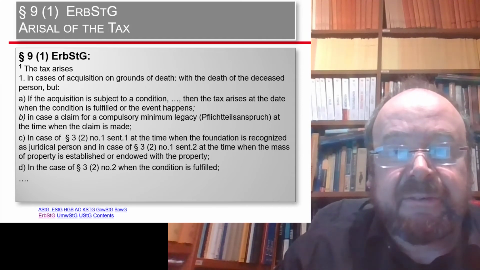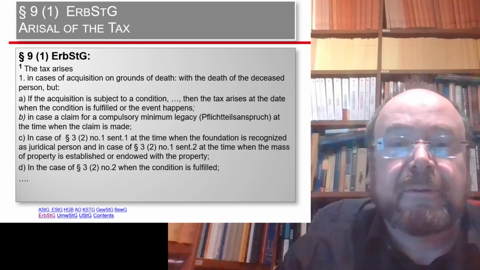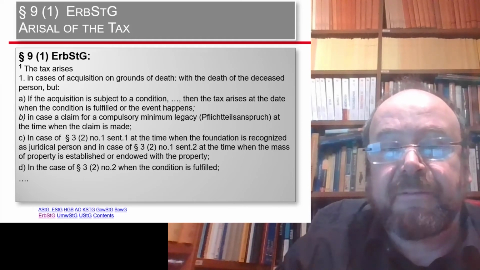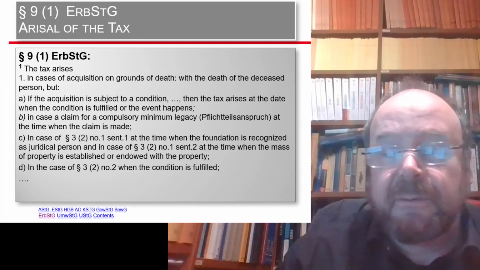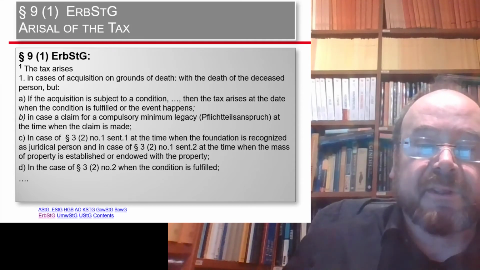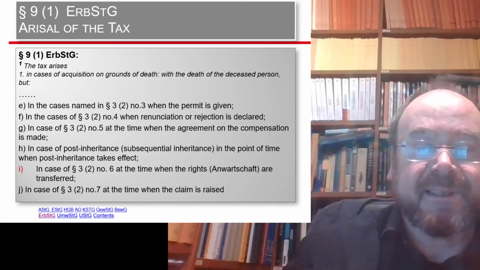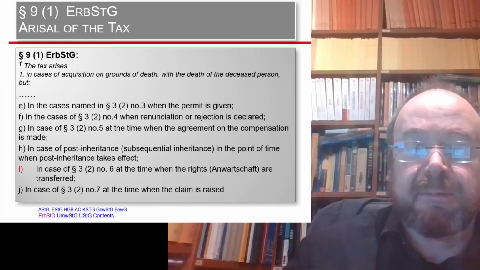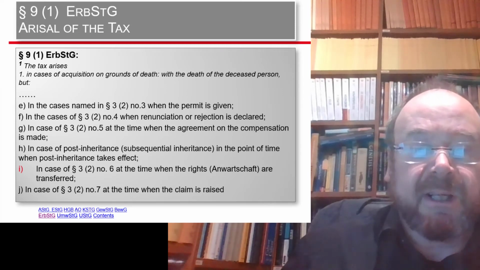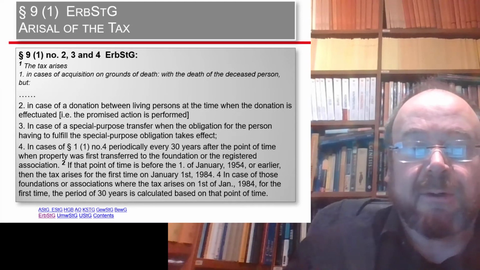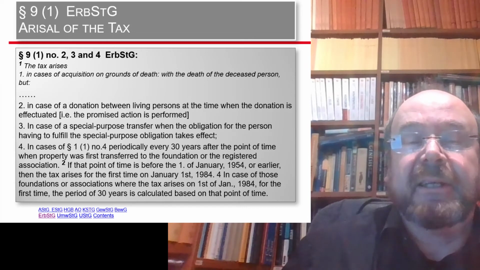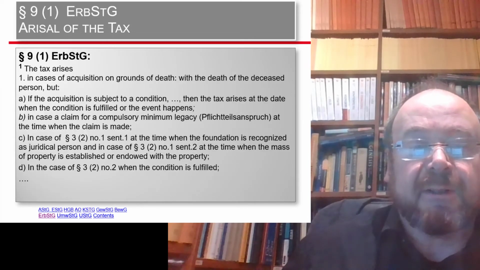When the foundation is recognized, no, there is no order in the testament that a foundation has to be erected or established, no. And also the other exceptions seem not to take place. The rest, which later comes, refers to donations, special purpose transfers, and all the rest. So what remains is on the day of death, our tax arises.